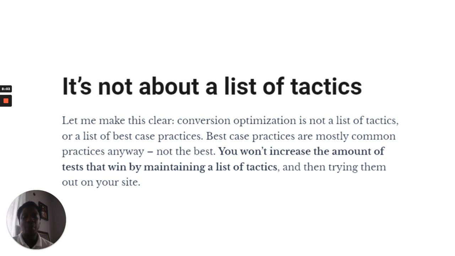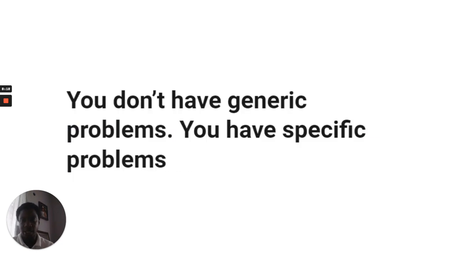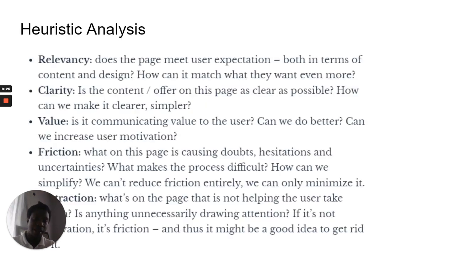So you won't increase the number of tests that win by maintaining a list of tactics or trying them out on your site. It's not about 'let's try this one, maybe it will work.' That's not how growth hacking works. It works uniquely for your own business. You don't have generic problems. You have problems specific to your own business, even if you have a competitor. So you must keep that in mind.